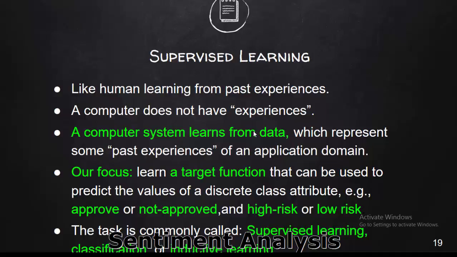So a computer system learns from data. Our focus is to learn a target function that can be used to predict the values of discrete class attributes like approve or not approve, high risk and low risk. The task is commonly called supervised learning or supervised classification.